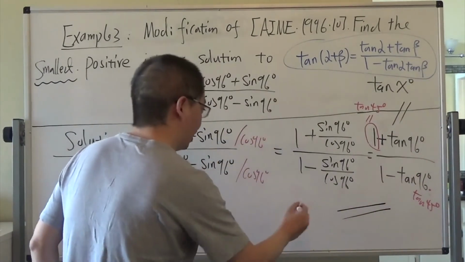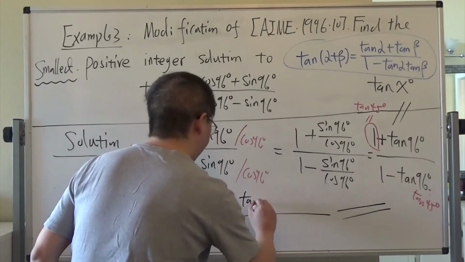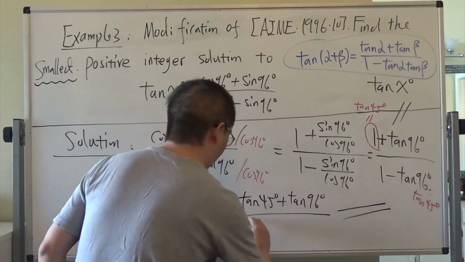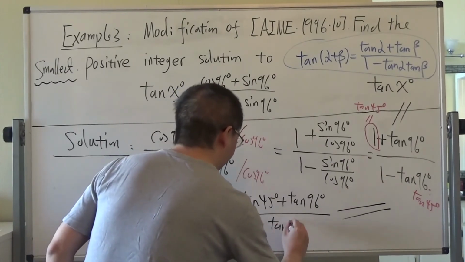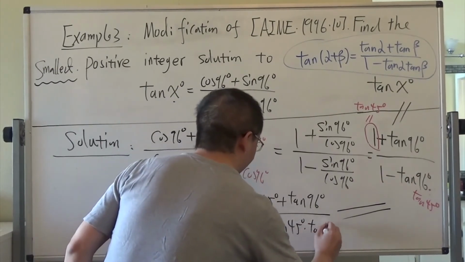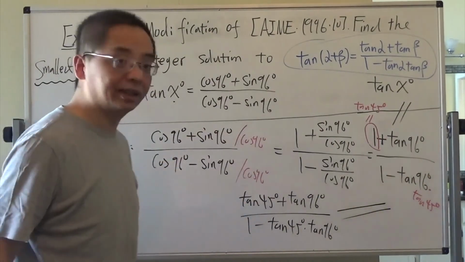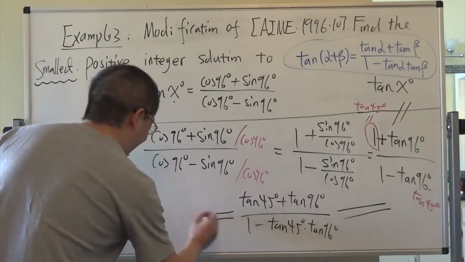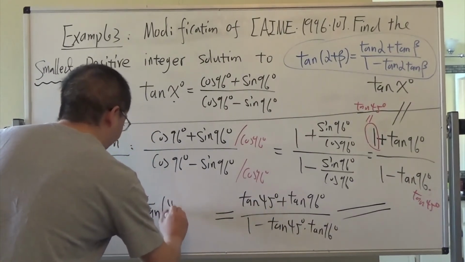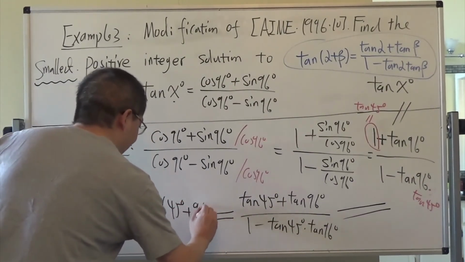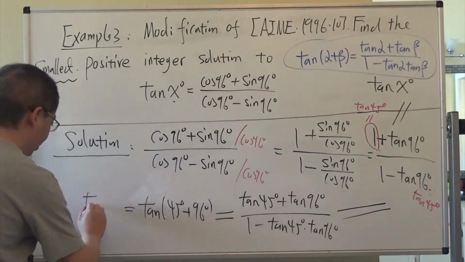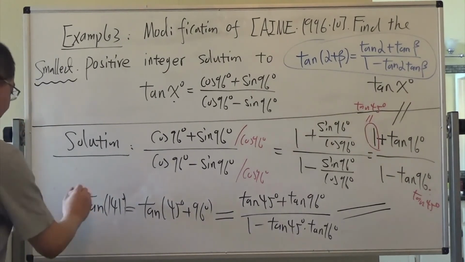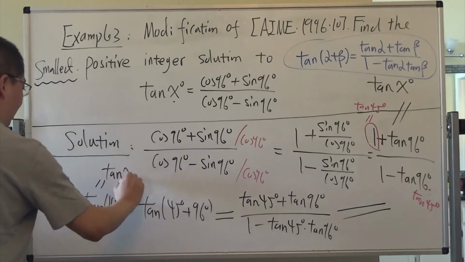This one equals tangent 45 plus tangent 96 over 1 minus tangent 45 times tangent 96. This is a perfect match for the sum formula. And then we get tangent of 45 plus 96, which is tangent 141 degrees. Now we want this to equal tangent x.